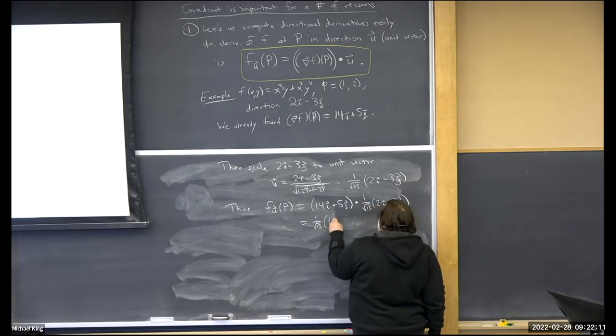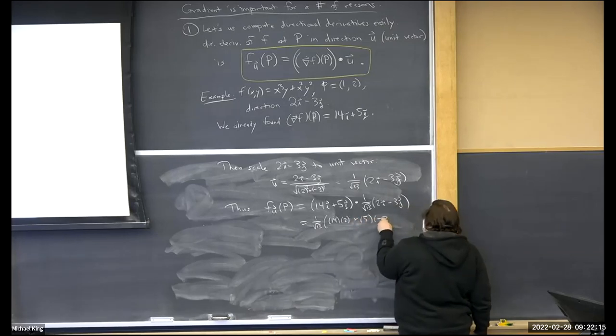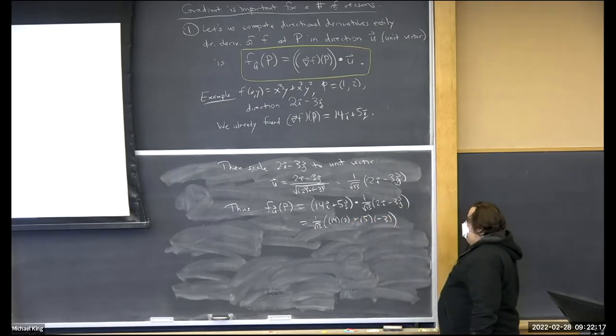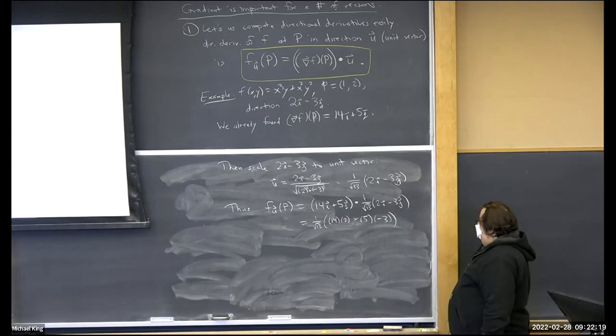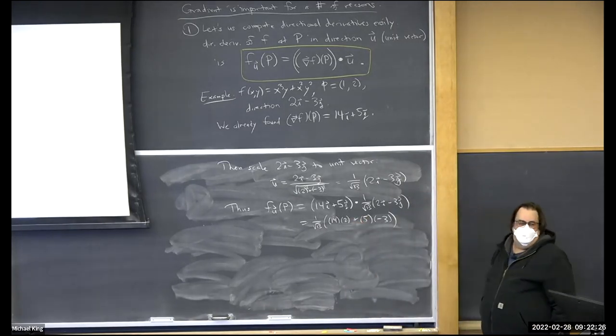And then you get 14 times 2 plus 5 times negative 3, right? Dotting them together. 28 minus 15 is, oh my God, I did not do that on purpose. 28 minus 15 is 13, right? Again, I might have messed up. Did I do that right?